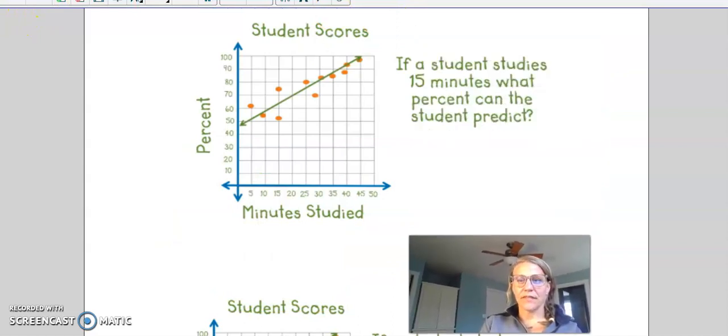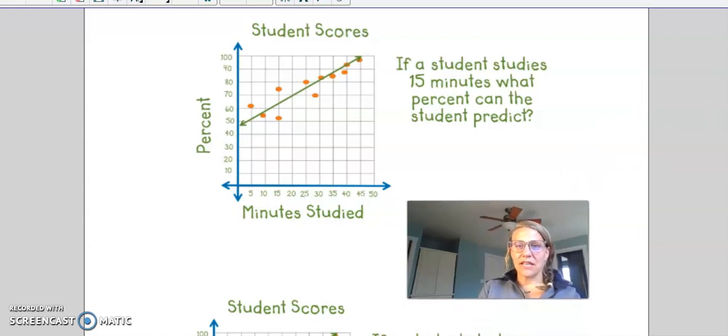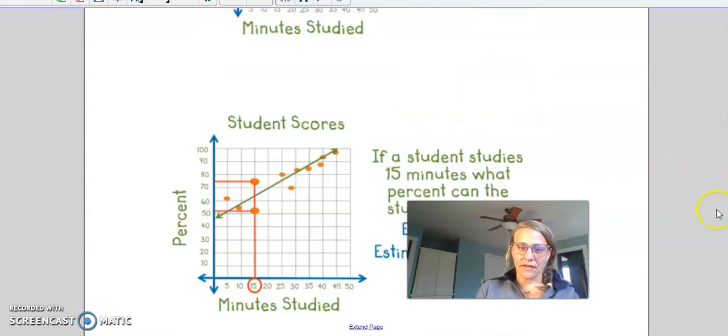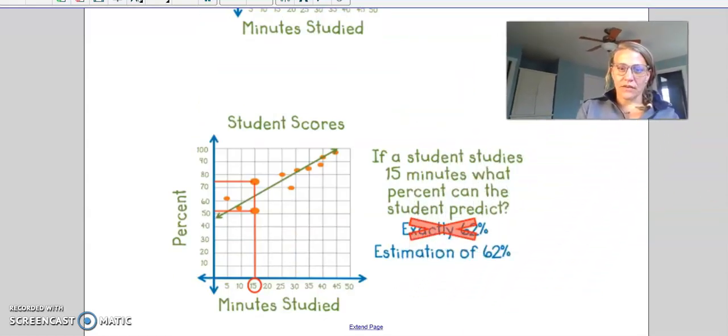All right, here's another. If a student studies 15 minutes, what percent can the student predict to get? All right, so if we are at 15 minutes, we should be at about a 65%.